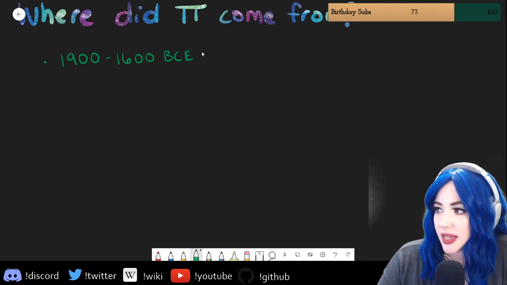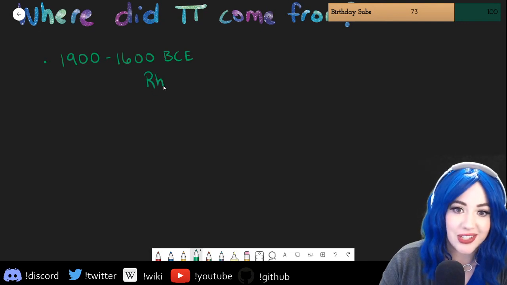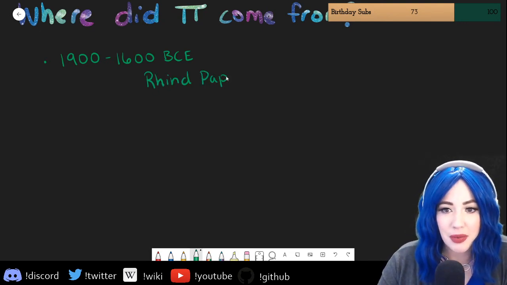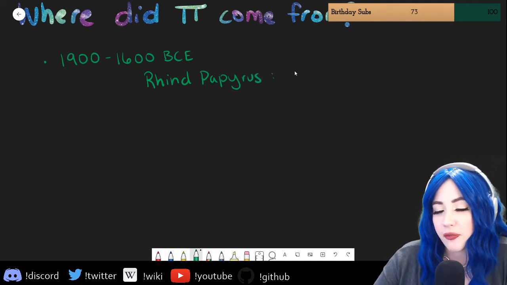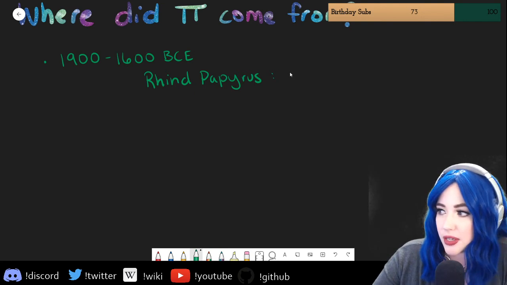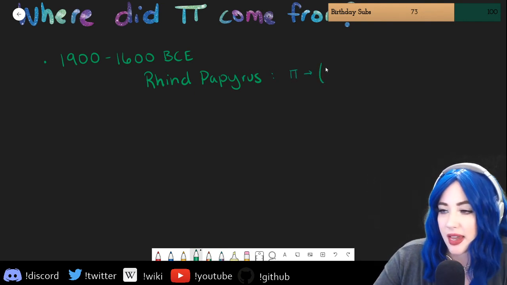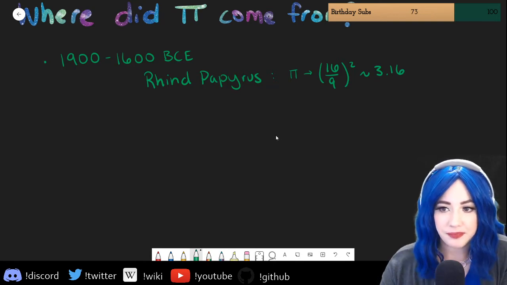And this was in Babylon and Egypt. In Egypt, and I looked this up for you, you had the Rhind papyrus. This lists a formula for the area of a circle that uses pi as, I would say, 16/9 squared, which is about 3.16.